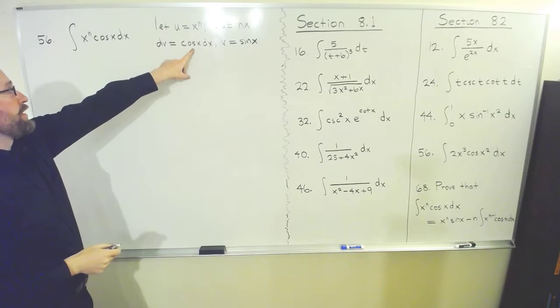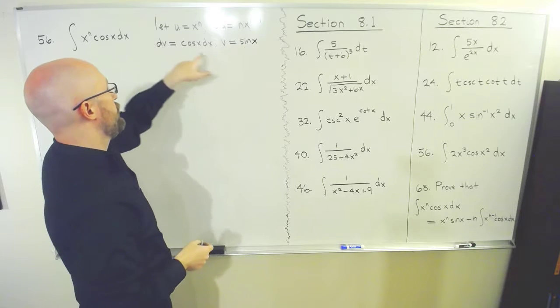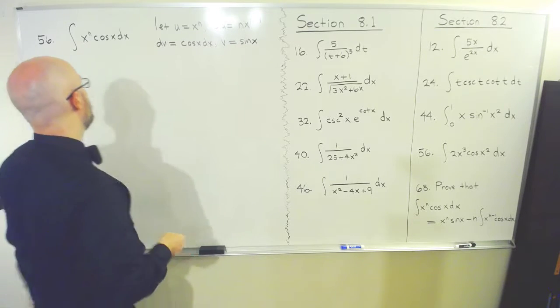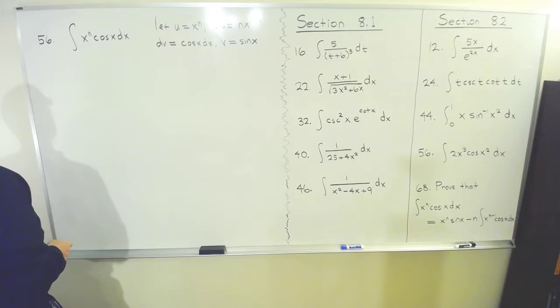Once again, if you worry about the plus or minus, think about differentiating this and you'll get a positive cosine, so that's why it's correct in this case. So what do I get?